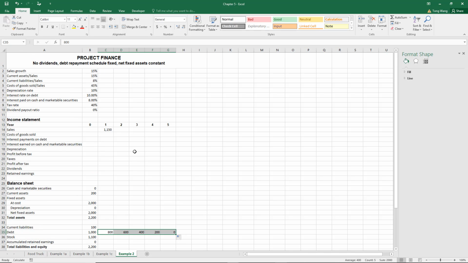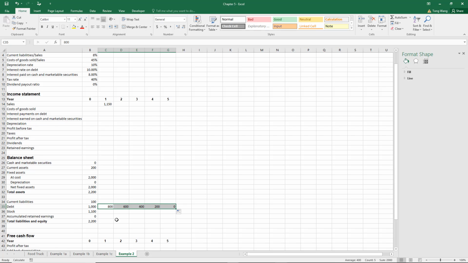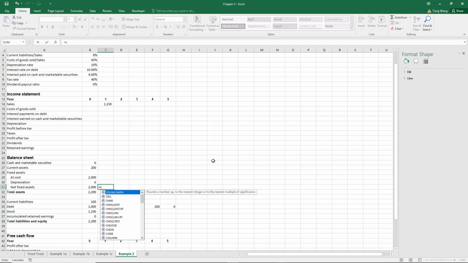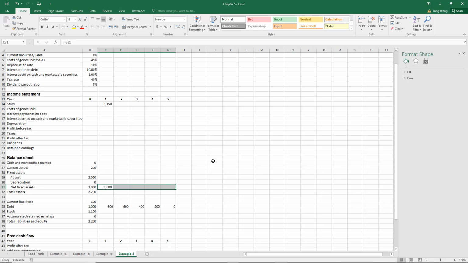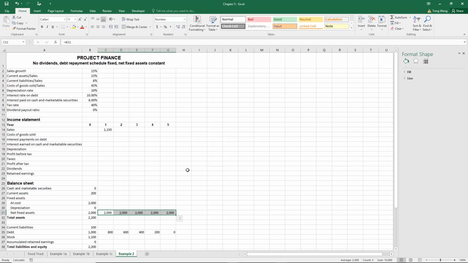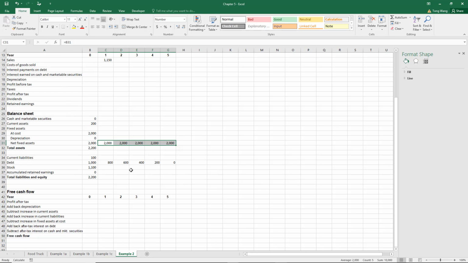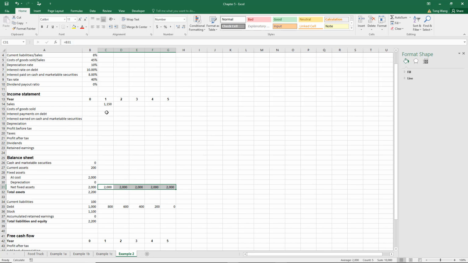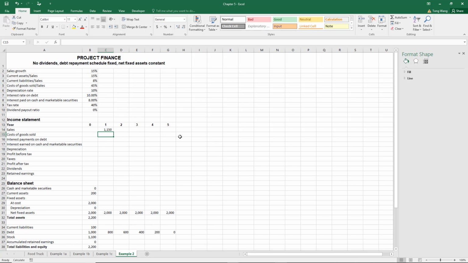We're also going to be assuming that we have constant net fixed assets. That's going to be similar to our example 1b. So this net fixed asset is going to be equal to its previous level. Otherwise it's going to be very similar to what we did before, so let me just fill out these tables.